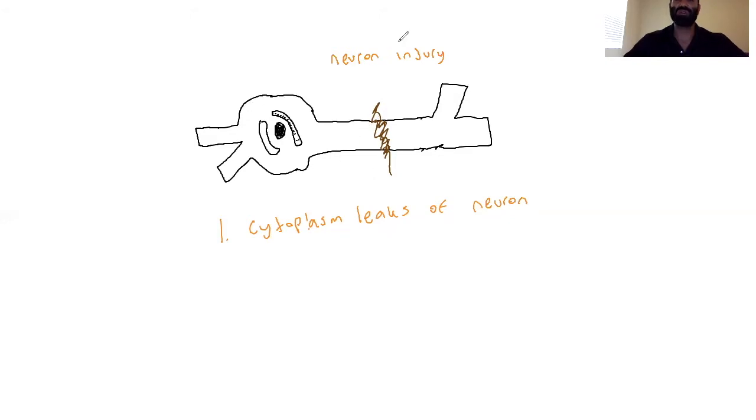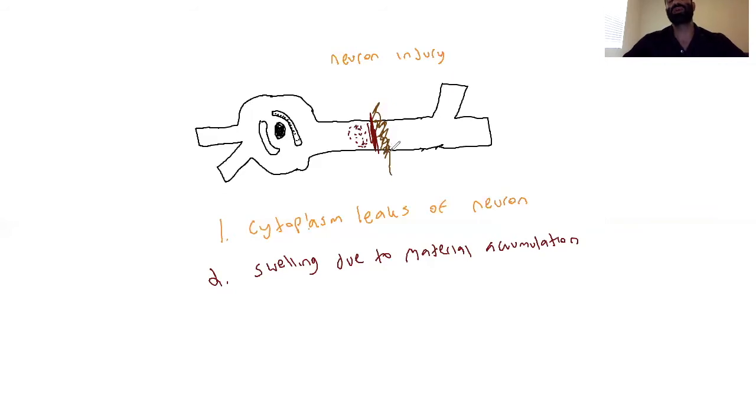What's going to happen also is that you are going to have swelling, because now the materials that go from the cell body, the living part, to the axon terminal, there's basically a blockade here. So swelling due to material accumulation. The materials are basically going to build up at the site of the injury.